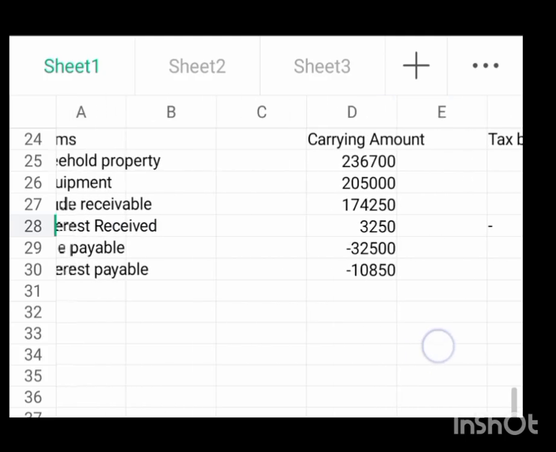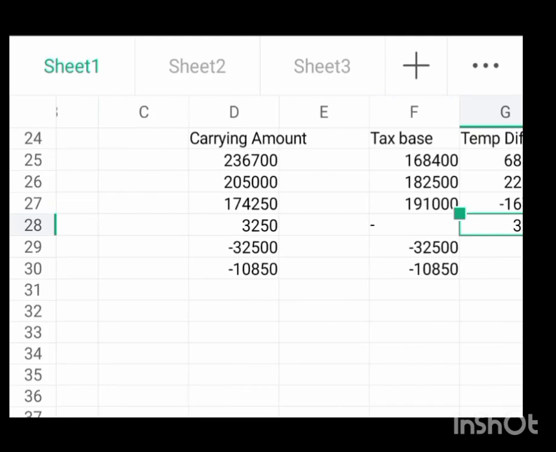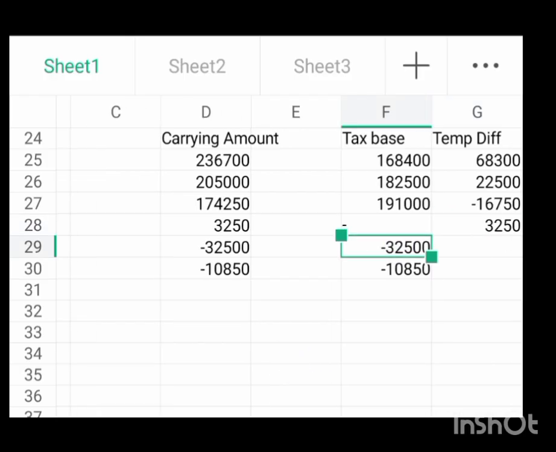Our fine payable, which happens to be 32,500 naira as carrying amount, will still be 32,500 naira as tax base because there is no information as touching maybe there is something to be reduced or something to be removed. So it will still be that. But don't forget, it is in bracket because we paid money out.